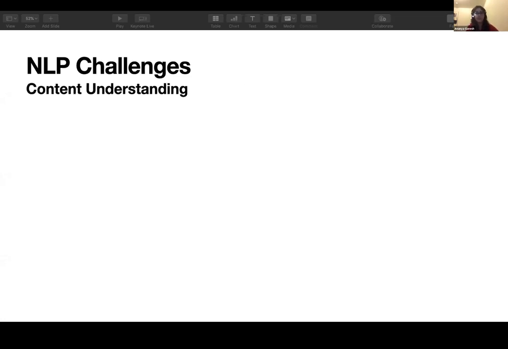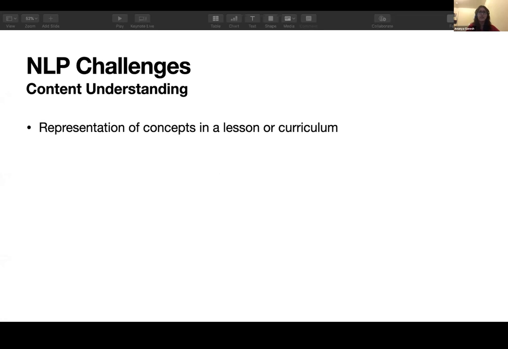From the content understanding side, we're interested in ways to properly represent an entire lesson or curriculum that would just be a running text with a lot of figures. We need some meaningful way to represent it that can be understood by a computer.